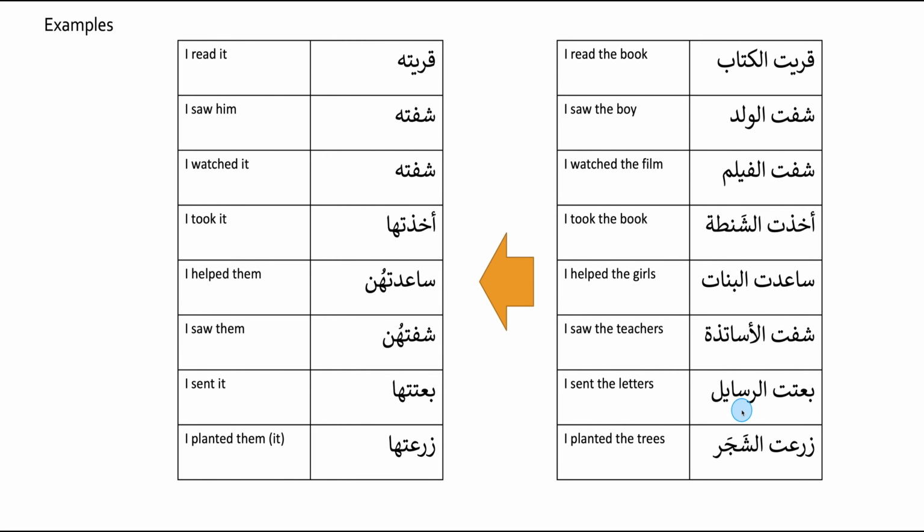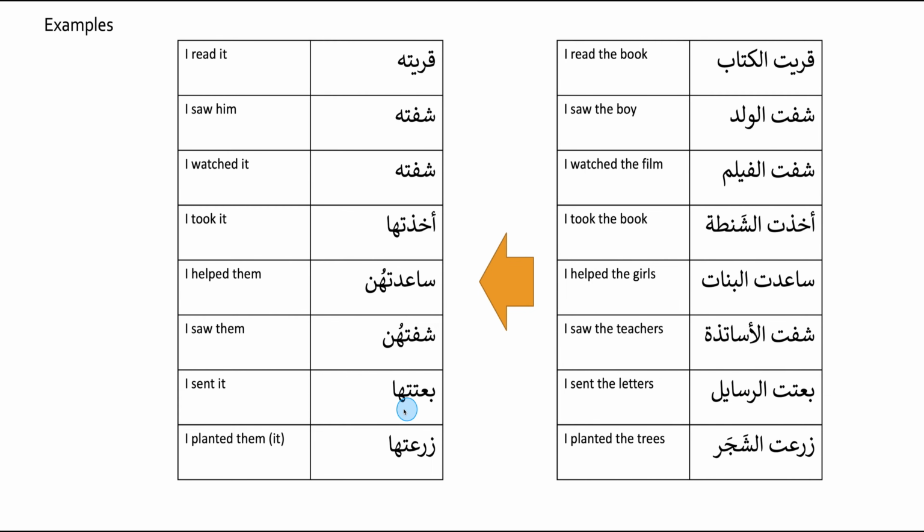بعتت الرسائل, I sent the messages or the letters. So you would say بعتتها, I sent it. So here with inanimate plural, it takes the same object pronoun as she, third person.